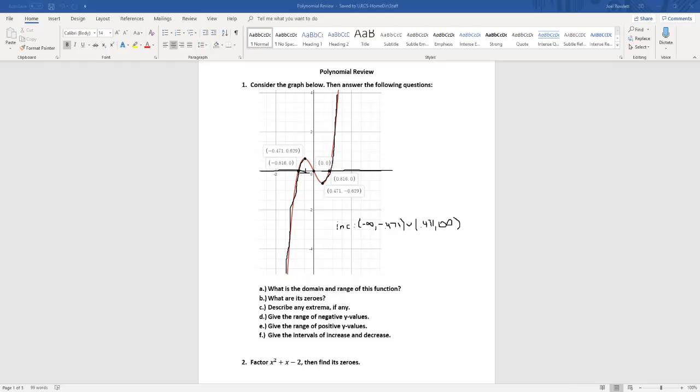What about decreasing? Let me change colors here. Let's look at green. We can tell that the graph is only decreasing here, right here in the middle, so to speak.